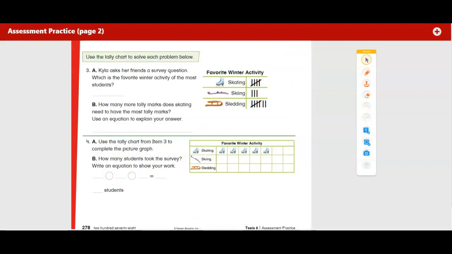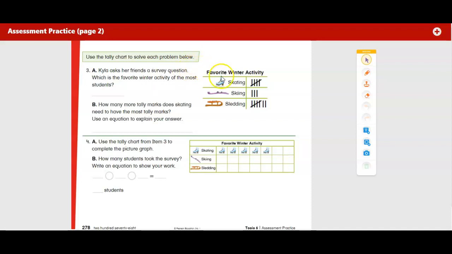On our next page, page 278, our directions tell us to use the tally chart to solve each problem below. Part 3A says, Kyla asks her friends a survey question. Which is the favorite winter activity of the most students?